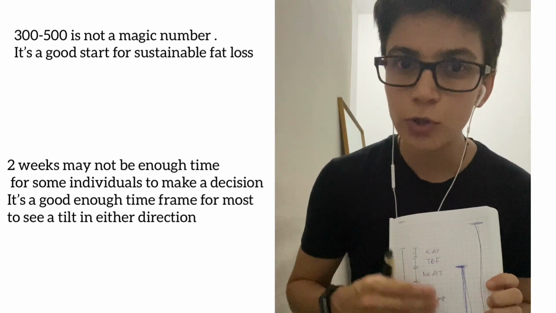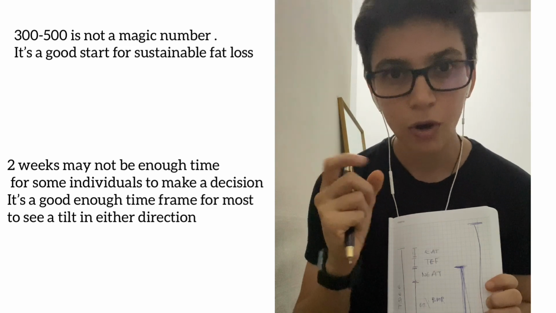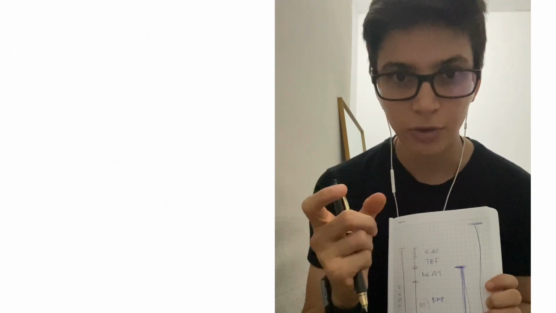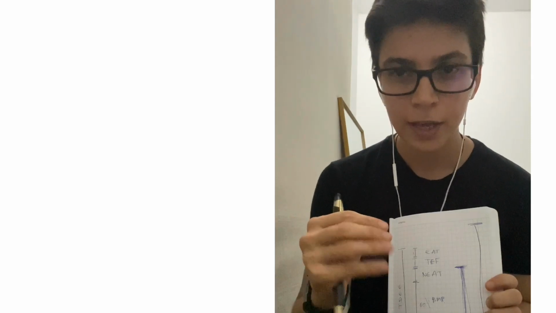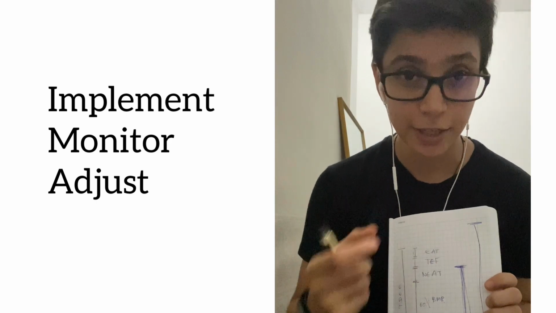If you are not losing any body fat, the number that the calculator spit out to you may not be accurate. So what do you do? Maybe reduce your calories a bit. No calculator will give you a perfect number. It's always an estimate. So it's trial and error. You have to put it into practice, monitor and adjust.